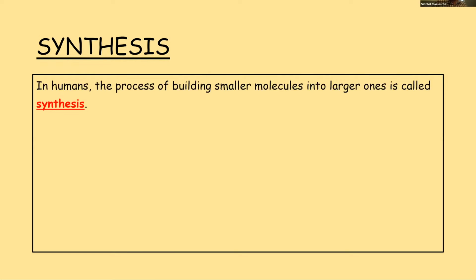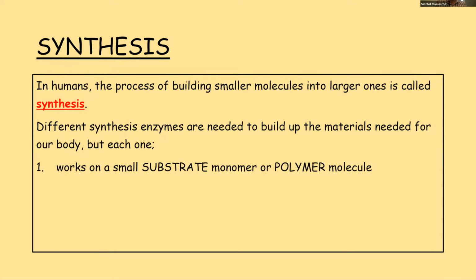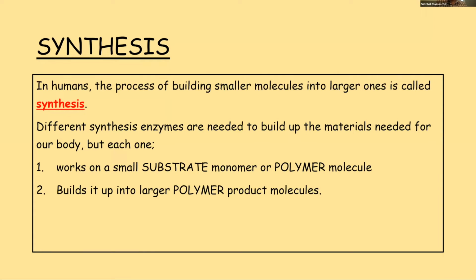In humans, the process of building smaller molecules into larger ones is called synthesis. Different synthesis enzymes are needed to build up the materials needed for our body, but again, each one works on a small substrate monomer or polymer molecule and builds it up into larger polymer product molecules.